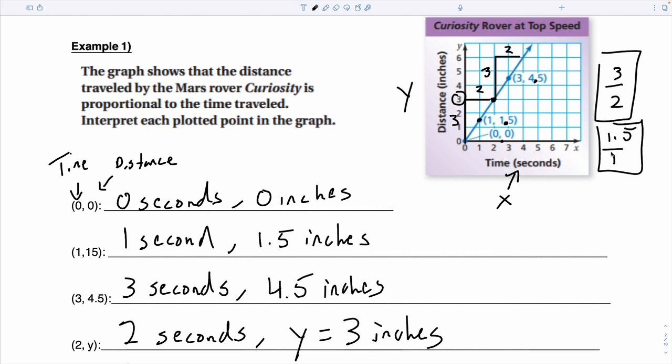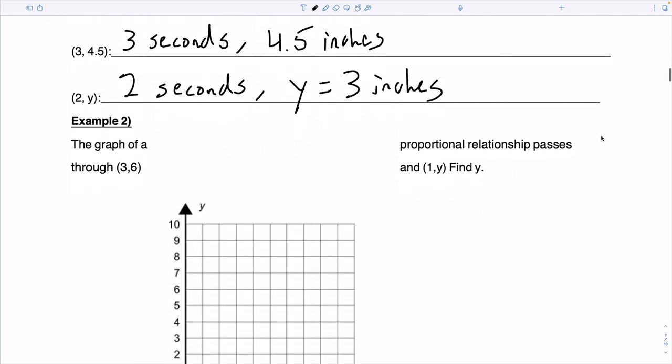This is the same thing. So 1.5 over 1 is the same as 3 over 2. Yeah. Make sense? Okay, next example.